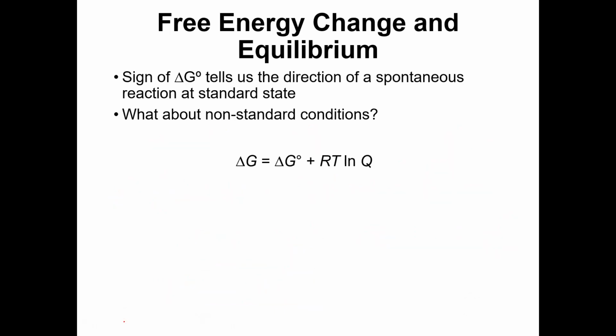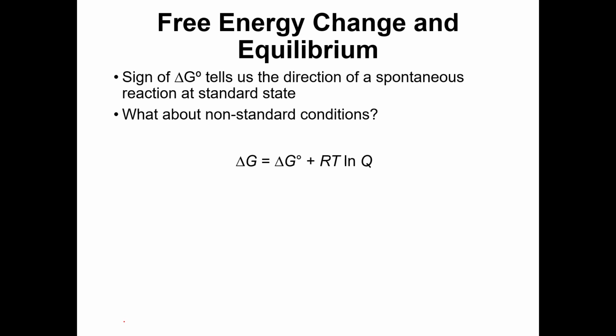So delta G will give us the direction of a spontaneous reaction. At standard state, it will tell us whether or not a reaction will be spontaneous. But what about if we're not under standard conditions? Well, we can calculate what delta G would be under non-standard conditions.